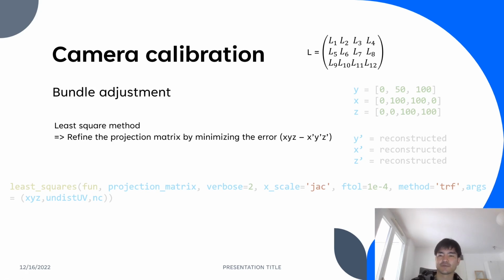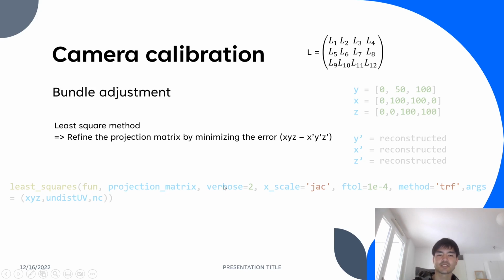So the function that you can use, in the SciPy library, there is a least squares function, and you put the function to calculate the error here, and of course the projection matrix to define.